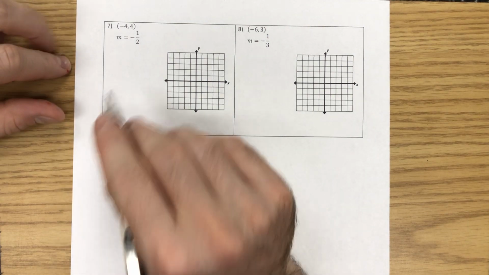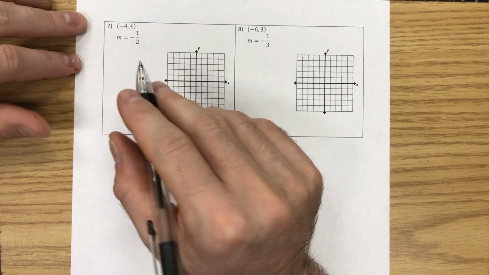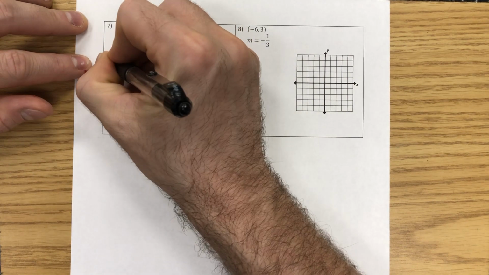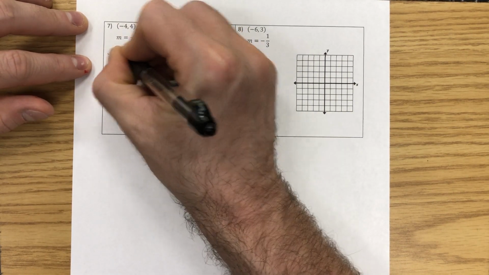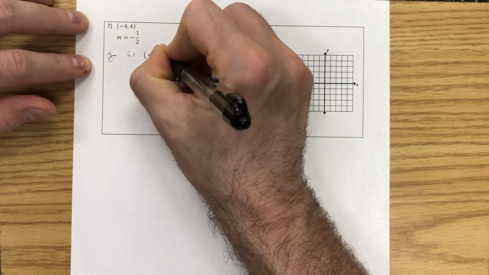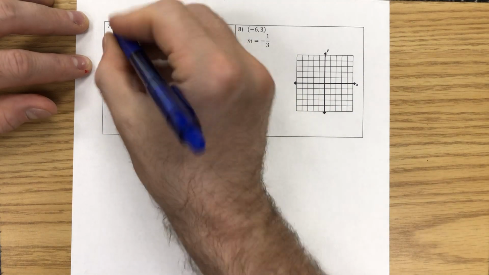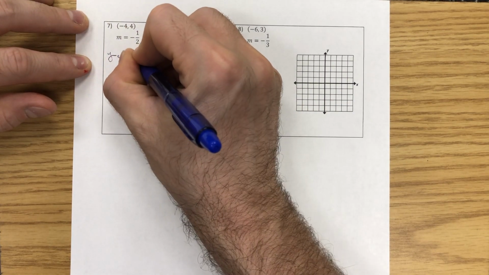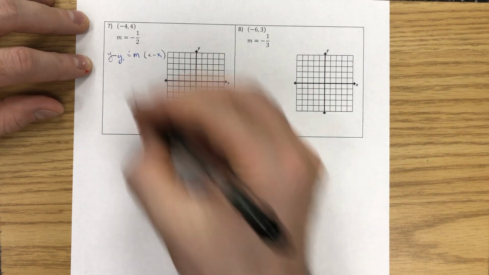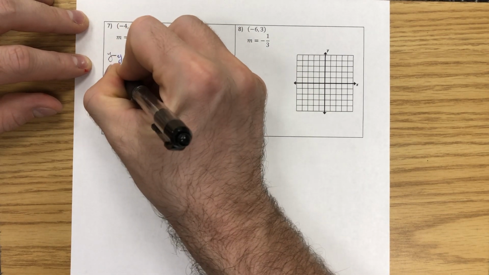Okay, so there's going to be two ways to work this. The way that I like to show is a way where we're going to clear the fraction. So let's go ahead and get that started. So I have y minus y1 equals my slope m, times x minus my x1.